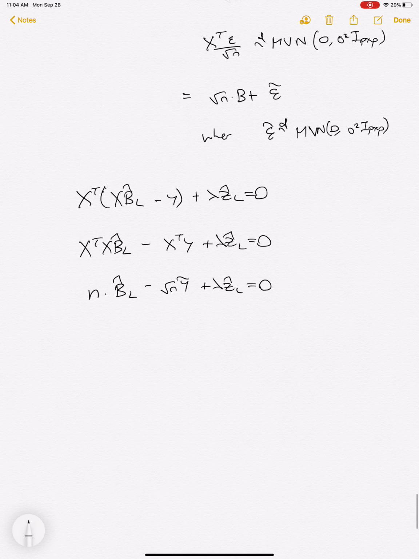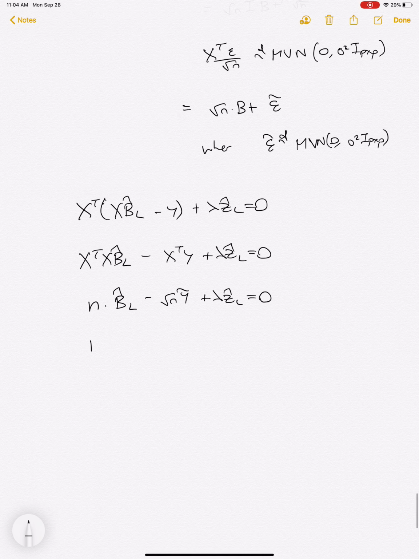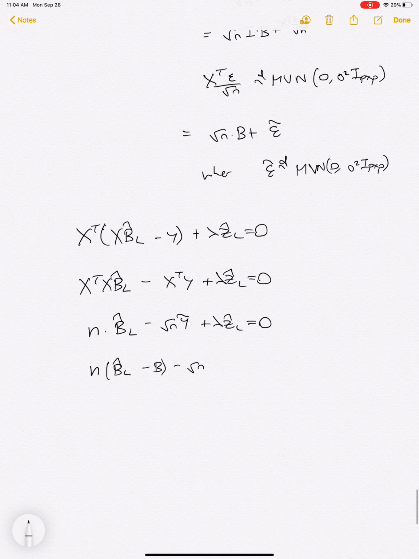Okay, and if you want to simplify that further to make it look nicer, we get n times (b hat L minus b) minus square root of n times epsilon tilde plus lambda z hat L equals 0.